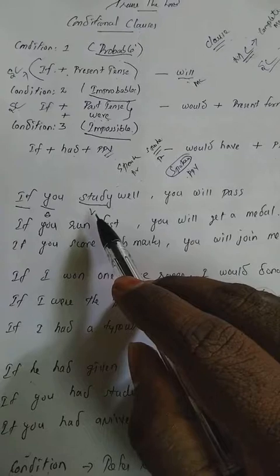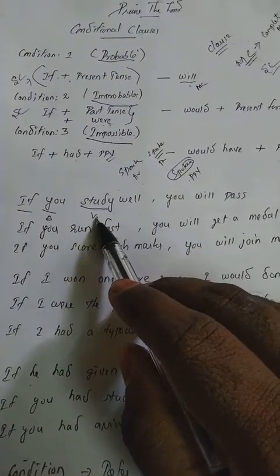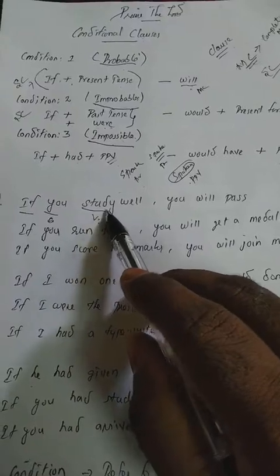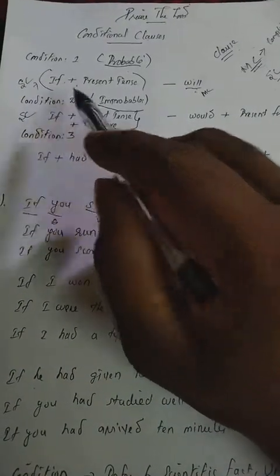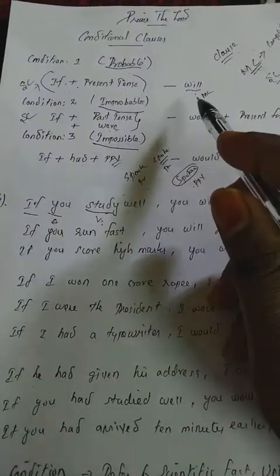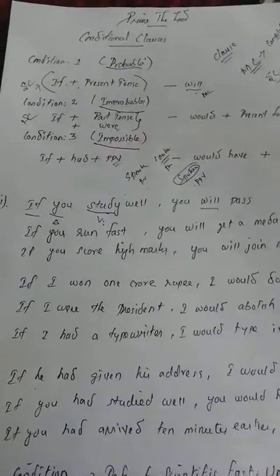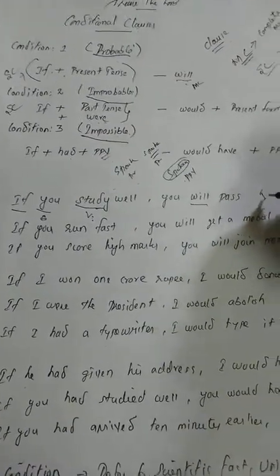The verb comes in the present or past tense, and here it acts as the present tense. So if plus present tense means you will come across will in the main clause. That's why will. Okay. So in the exam pattern, how they may ask, in such a way they will give.